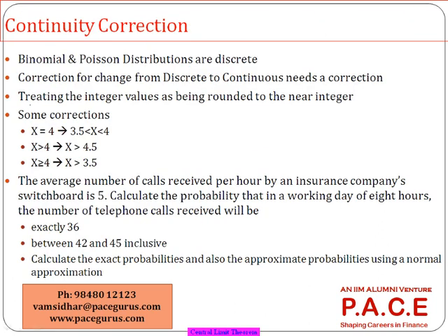Now there is a small thing that we have to take care of while using binomial and Poisson for converting them into normal. Binomial and Poisson are discrete distributions, whereas normal is continuous.